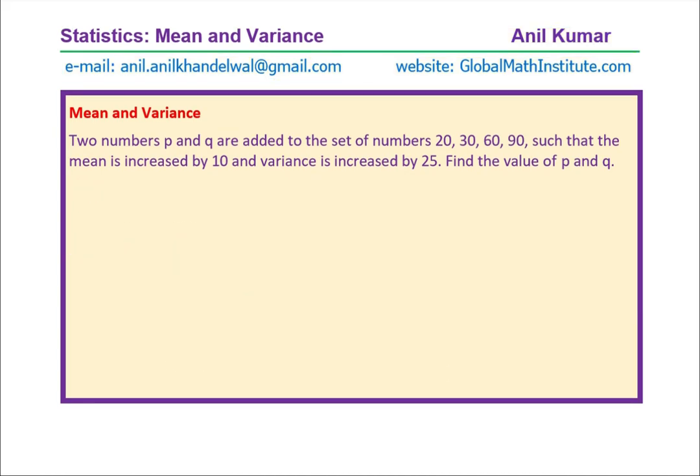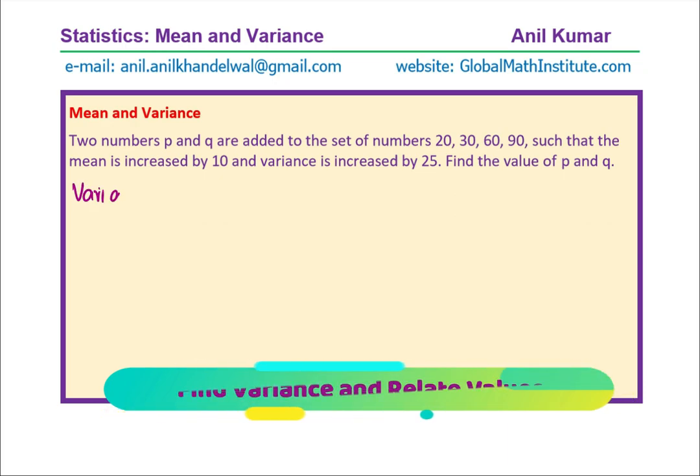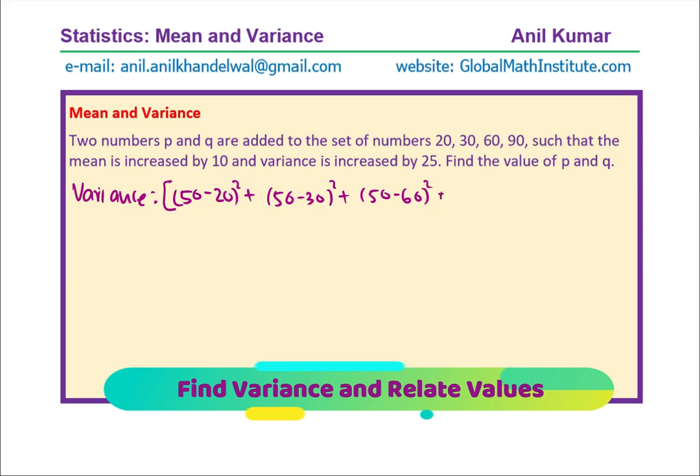Now variance is the average of squares of differences of each value from the mean, right? So let's calculate the variance now. Variance for the given numbers will be 50 minus 20 whole square plus 50 minus 30 whole square plus 50 minus 60 whole square plus 50 minus 90 whole square, correct?